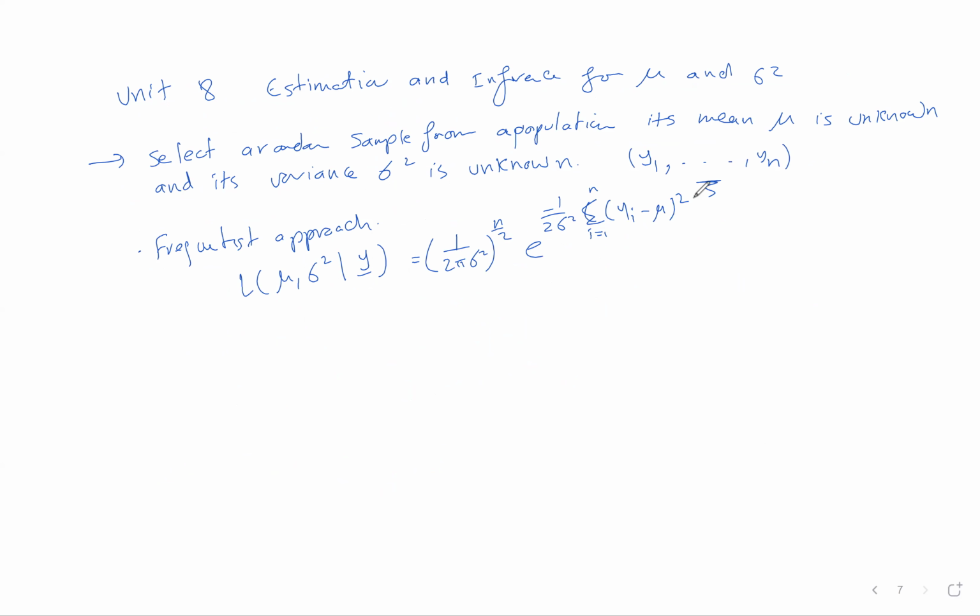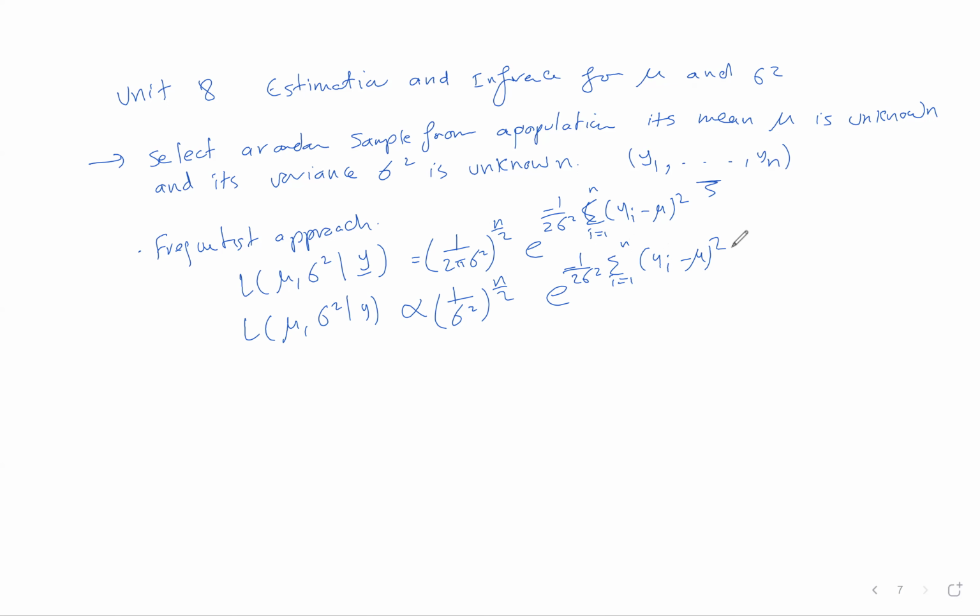In this case, I will remove the 1 divided by pi. So the likelihood of mu and sigma square given y is proportional to (1 divided by sigma square) to the power n over 2, e to the power of minus 1 divided by 2 sigma square, sum over i equals 1 up to n of (yi minus mu) squared. This is the likelihood of both parameters.